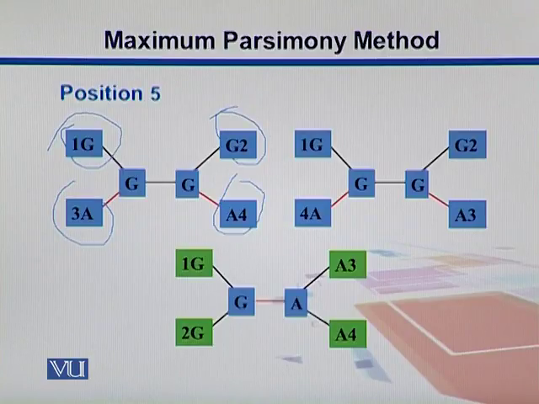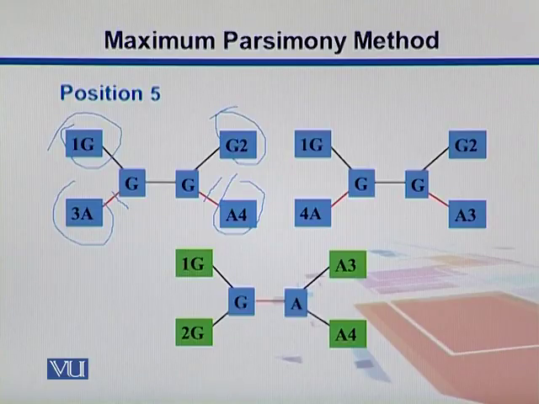So we can have this arrangement, and we see there are black lines. Black lines are where we have matches, and we have red lines where we have substitutions. So in this tree we recognize that there are 2 substitutions. One is here where an A changes to G, and here is the second one.